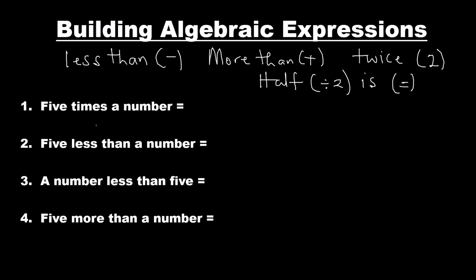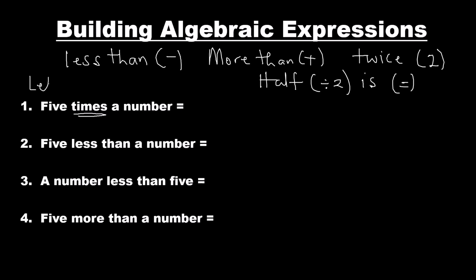The first one: 5 times a number. The "times" here means multiplication. Before you convert a raw statement into algebraic form, you have to represent the unknown number with any alphabet of your choice. In 5 times a number, the number is not known, so you have to state it.